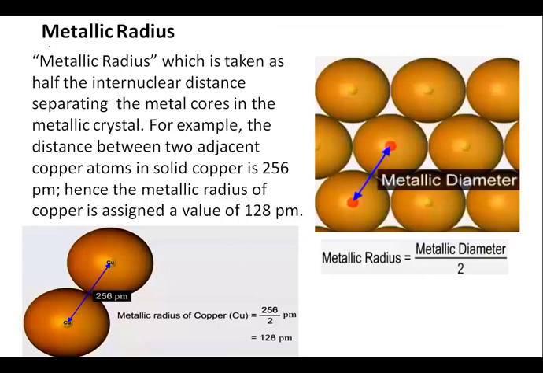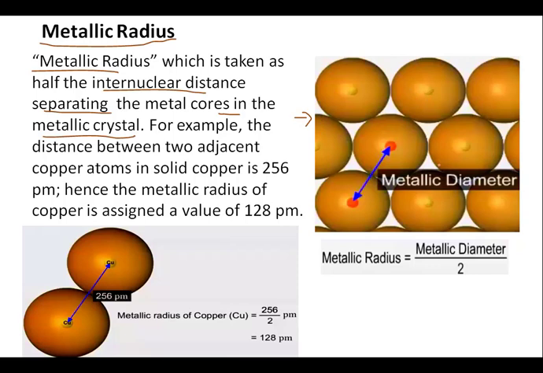Another way of expressing atomic radius is metallic radius. Metallic radius is taken as half the internuclear distance separating the metal cores in the metallic crystal. In this diagram on the right side, a metallic crystal is given. The atoms are in close packing, right? The minimum space is left vacant in between.